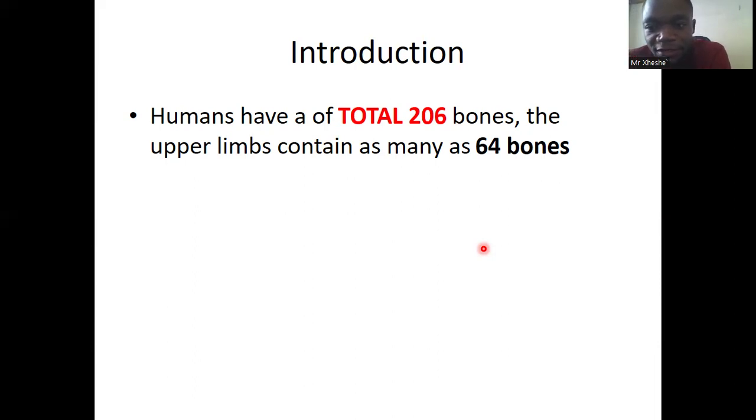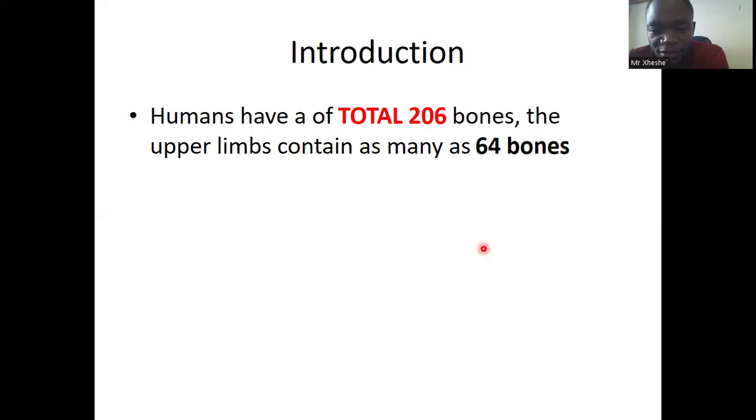Needless to say, human beings like you and I, Homo sapiens, are the only erect mammals that we have on Earth. The rest usually walk on 4 legs, but us, we walk on 2 legs. So there has been a lot of evolution that took place to sacrifice one of the 4 limbs for manipulation.